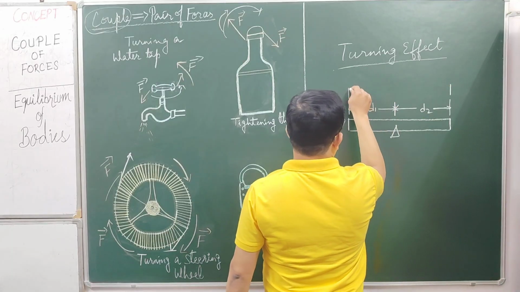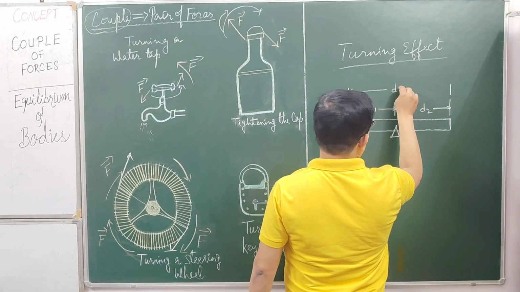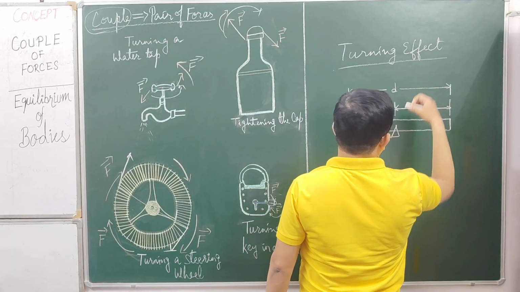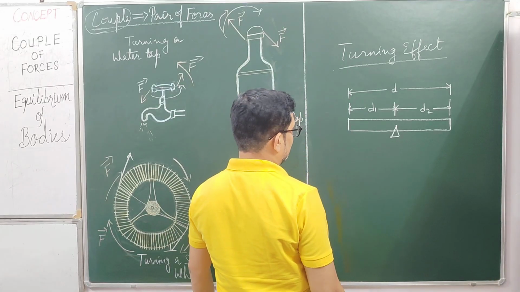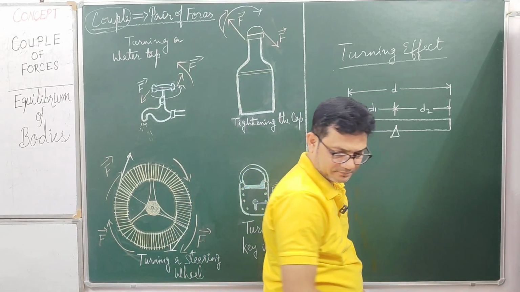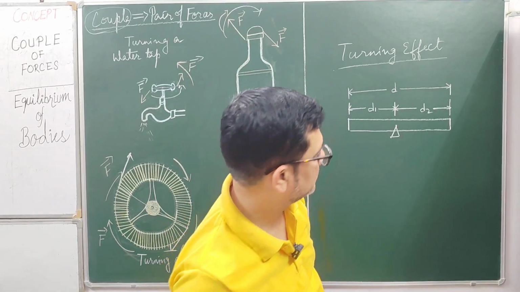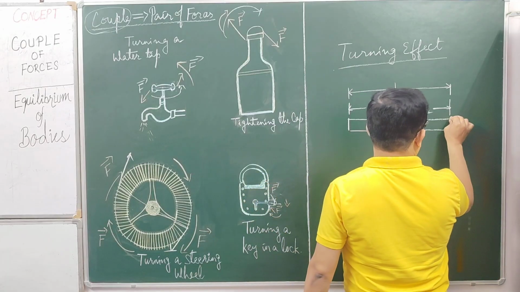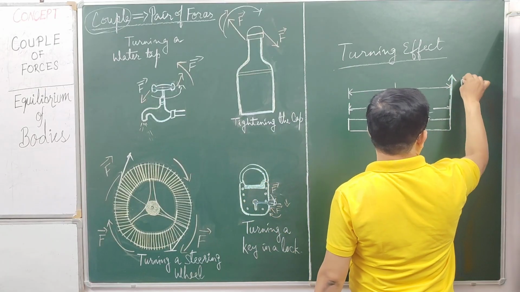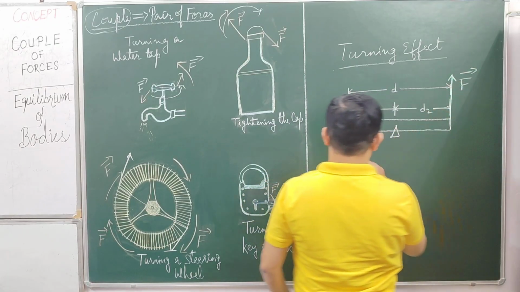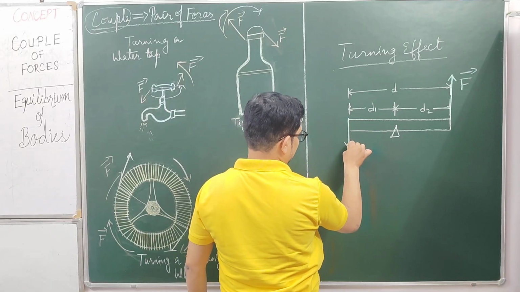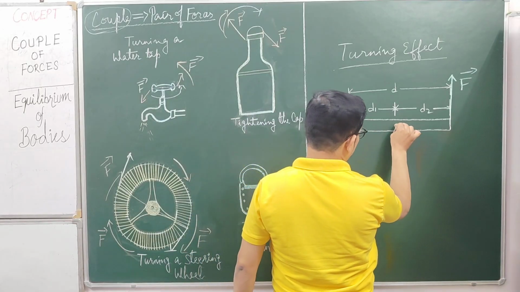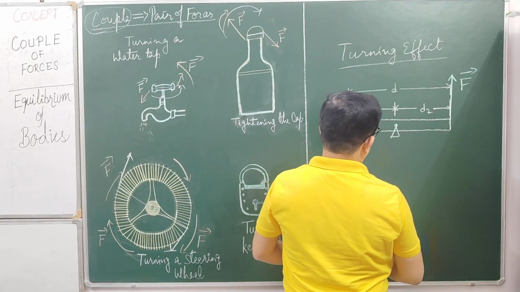So the rod is of length d, where d equals d1 plus d2. We apply a force here in this direction, and another force in this direction. There is a center point here, and this is the pivot.